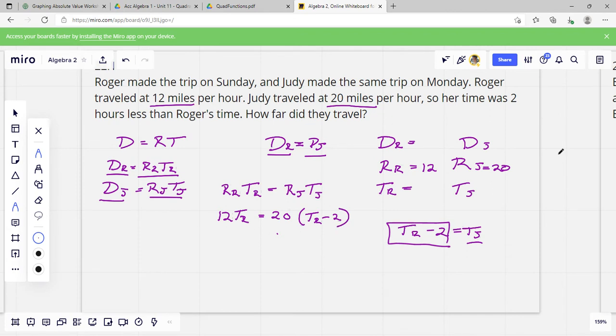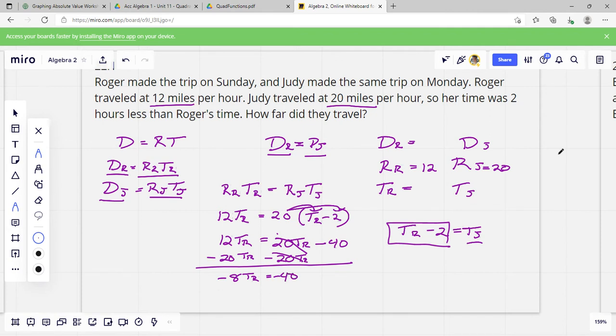All right, to solve this, we're just going to copy this down, and then we're going to distribute right here. So we get 20 times the time of Roger, and then 20 times 2 would be 40. Okay, now we're going to subtract 20 times the time of Roger, and we'll get 12 minus 20 would be negative 8, times the time of Roger equals negative 40.